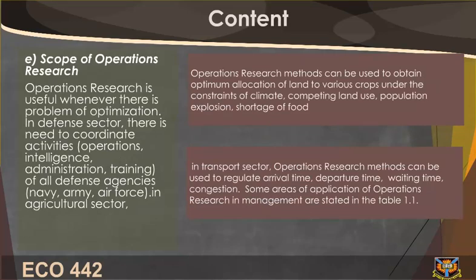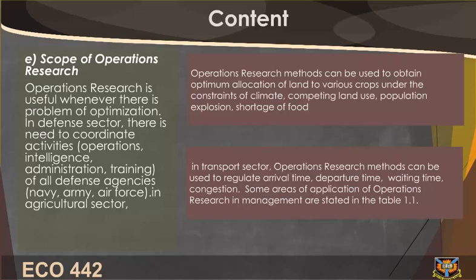E. Scope of operations research. Operations research is useful whenever there is a problem of optimization. In the defense sector, there is need to coordinate activities, operations, intelligence, administration, and training of all defense agencies: Navy, Army, Air Force.